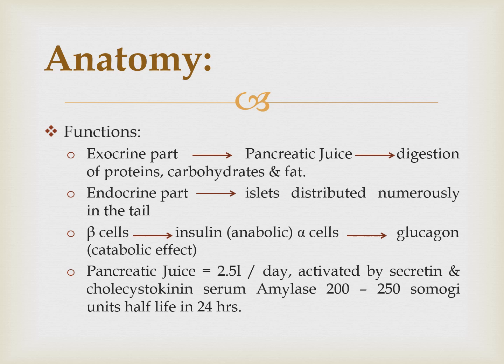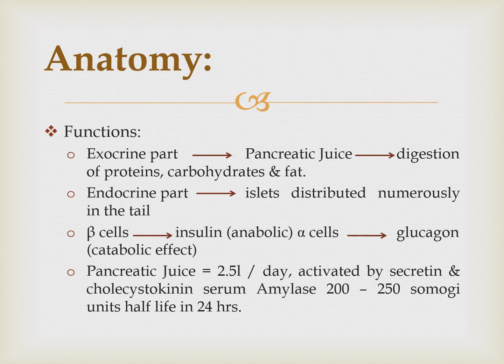The endocrine part is the function of the islets, which are distributed numerously in the tail. The weight of these islets is about 1 to 1.5 grams, and they consist of beta cells, which are about 65 to 80% of the cells. They are responsible for the production of insulin, which is an anabolic hormone.